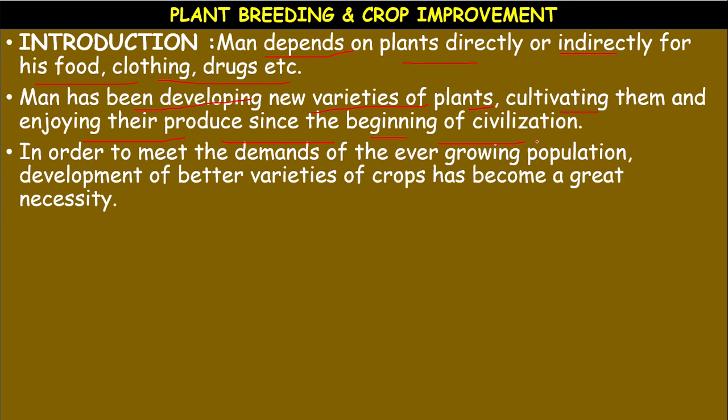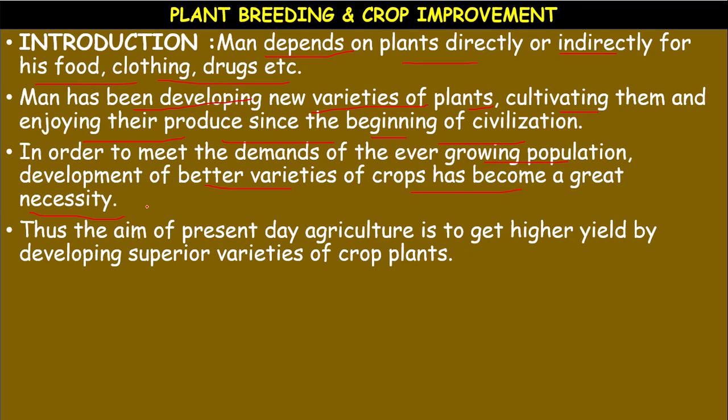In order to meet the demands of an ever growing population, the development of better varieties of crops has become a great necessity. Thus, the aim of present day agriculture is to get a higher yield by developing superior varieties of crops.